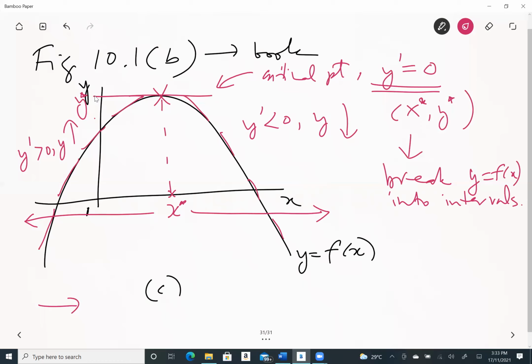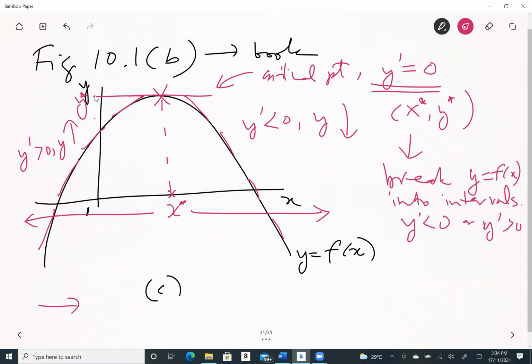The intervals are defined by whether y prime is negative or positive.